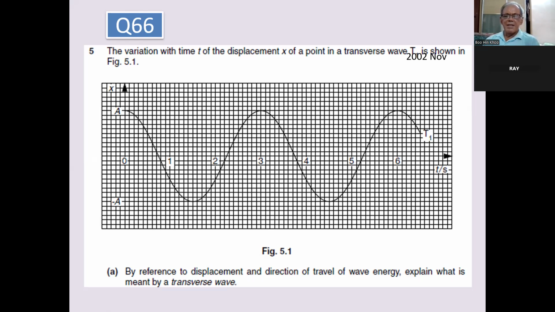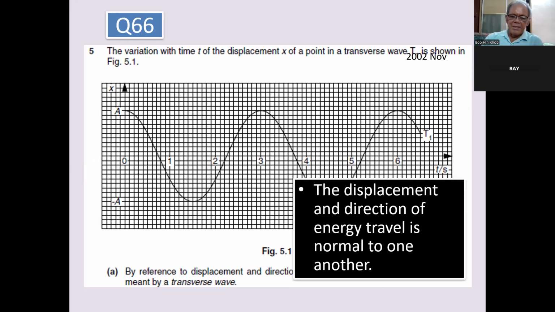Oscillate perpendicularly to its line. Displacement and direction of energy travel are normal to one another. Make sure you try the recent past papers from 2022 onwards. You can download them from the internet.